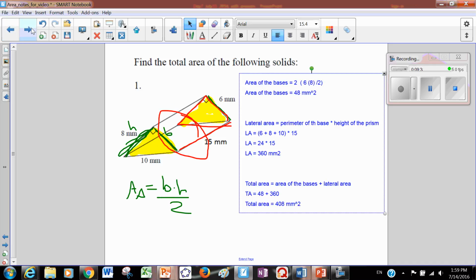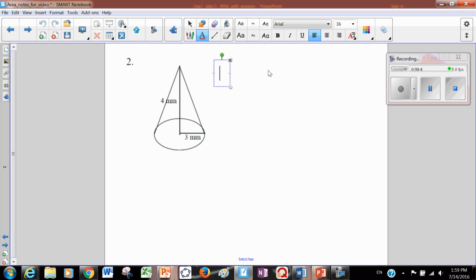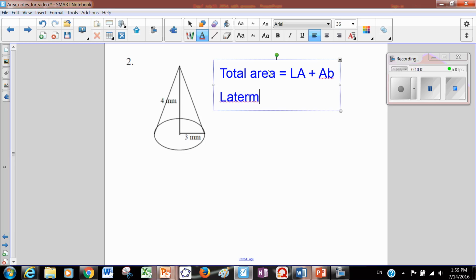Same question, find the total area of this. So to find the total area, we have to remember total area is equal to lateral area plus area of the base. So let's find the lateral area.